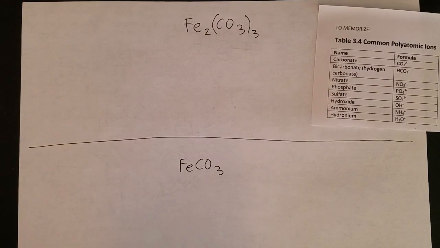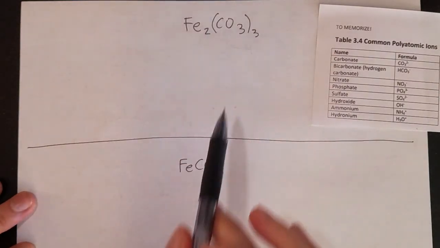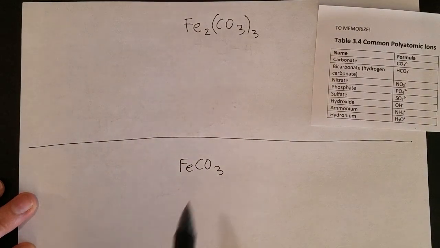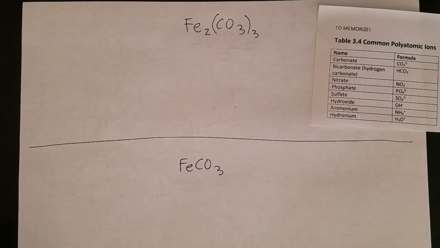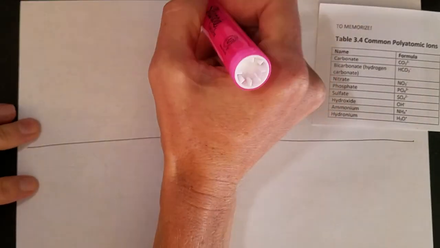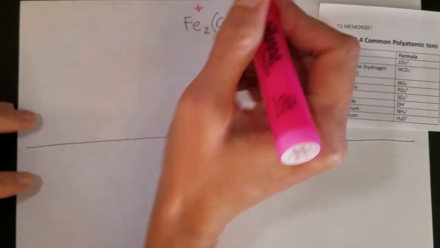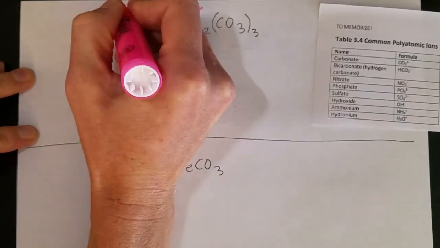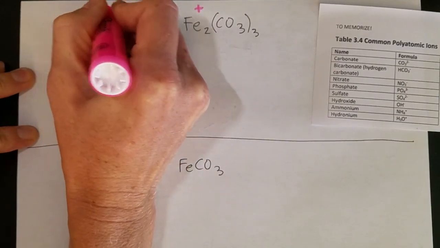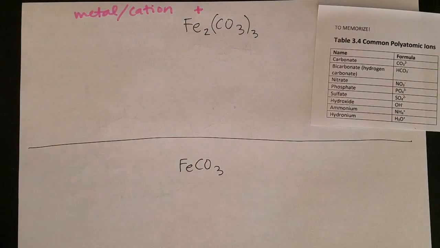We're going to take a look at a couple of formulas to names, and I'm going to compare two different compounds here. A couple of basics that I want to remind you of. Whatever element comes first in a compound is always going to have some kind of positive charge. So we could say that it is a cation, and also we will see in our formulas that those are always metals.